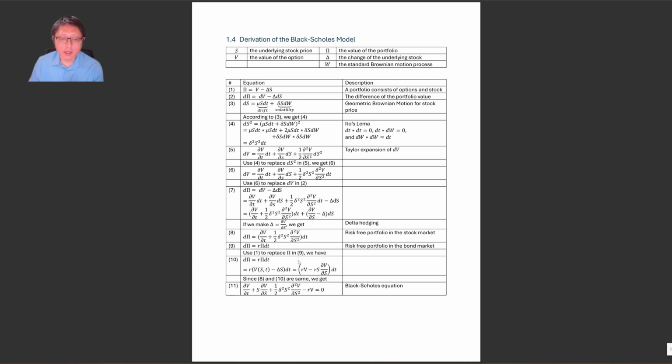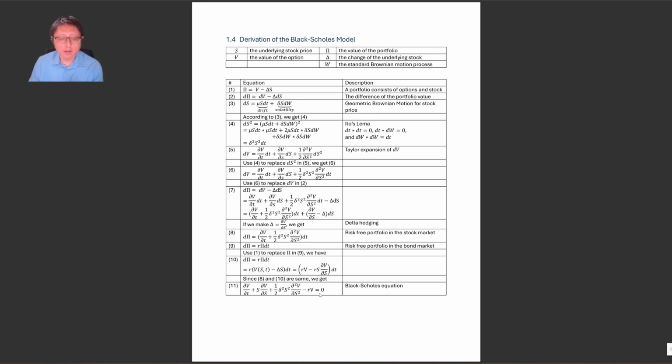Then we simply make equation 8 equal to equation 10. After a simplification and combining the similar items, we get this equation. This will be the final form of the famous Black-Scholes equation, and some people actually call it a trillion dollar equation.